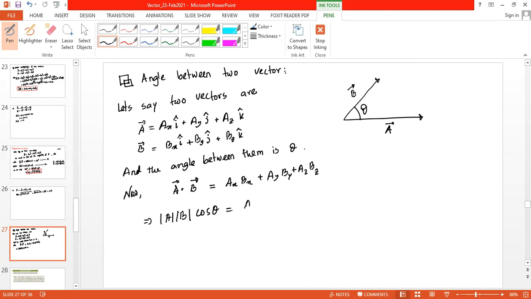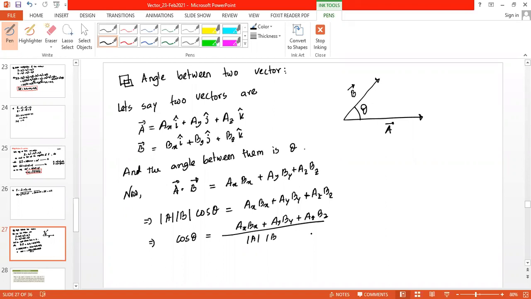So this equals AX BX plus AY BY plus AZ BZ, okay? Clear? That means cosine of theta is equal to AX BX plus AY BY plus AZ BZ over magnitude of A times magnitude of B, right?